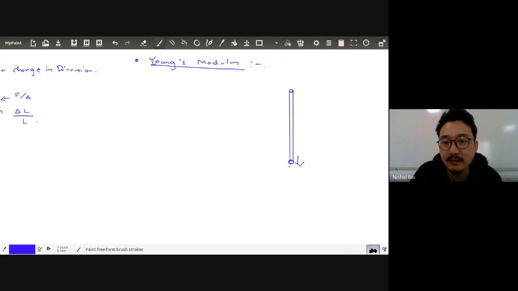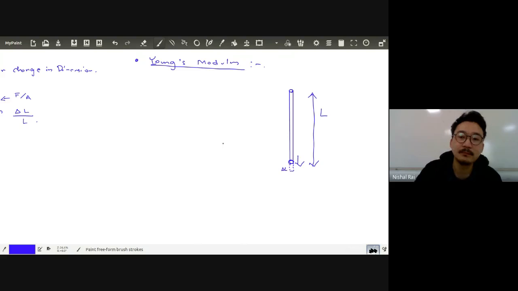It will get deformed and it will get elongated in this direction. Let's call this delta L and let's call the original length L. Clear? Now, this is roughly for a one-dimensional object. For a one-dimensional object, the name of that constant is your Young's modulus.